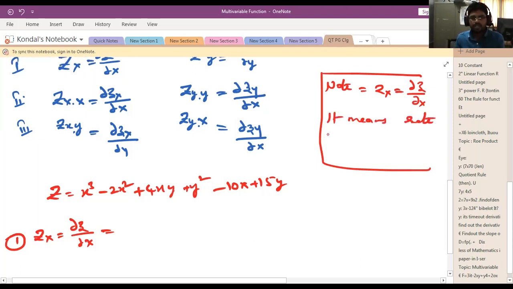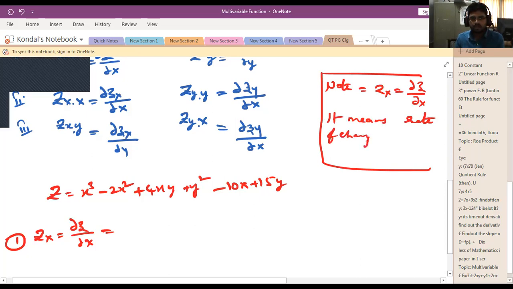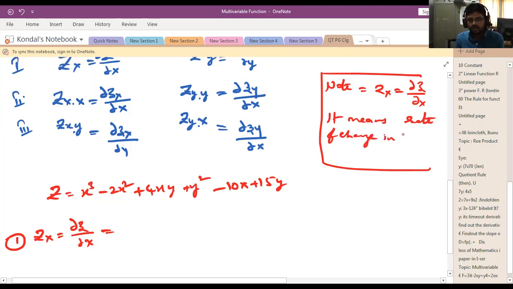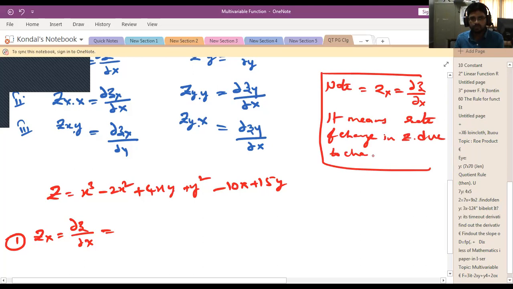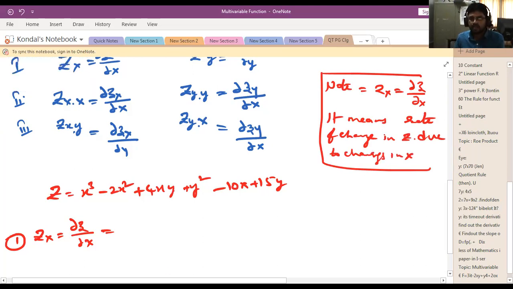So rate of change in z due to changes in x is dou z by dou x.